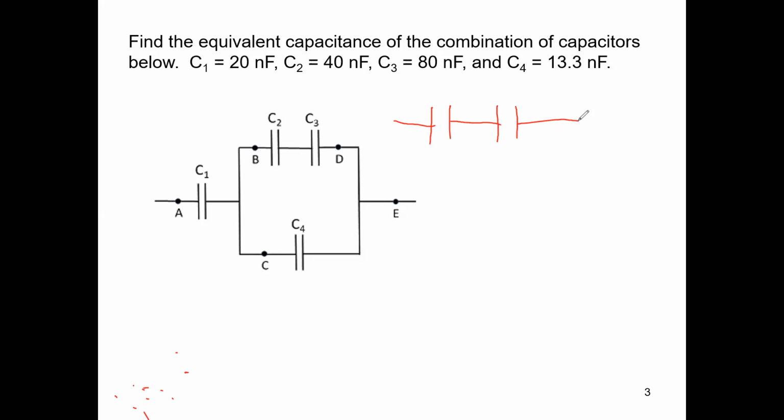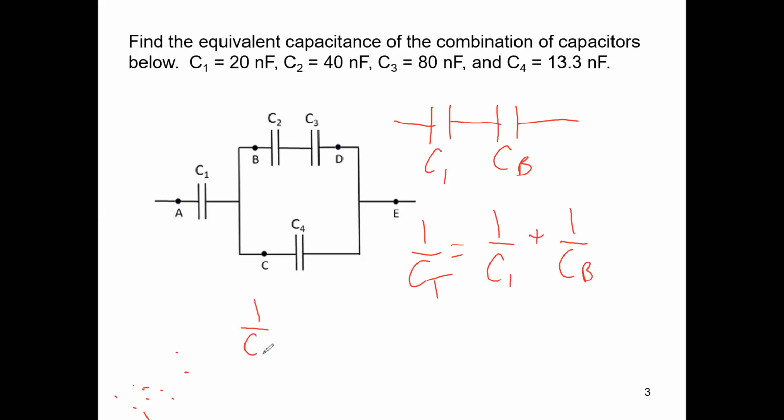So my next step would be to redraw. There we go. This is C1 there. This is CB right there. These guys are in series with each other. So I'm going to use my series formula for adding capacitances together, 1 over C1 plus 1 over CB.